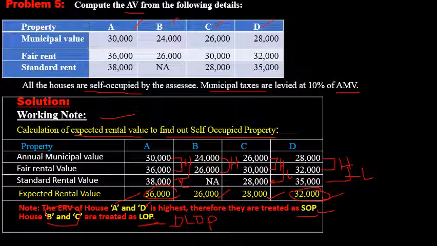So that is how to find out a self-occupied property whenever an assessee uses more than two houses for residential purpose. First you have to calculate the expected rent, then you have to compare it, and the first two houses which carry the highest expected rental value are considered as self-occupied property and the remaining houses are considered as deemed let out property.